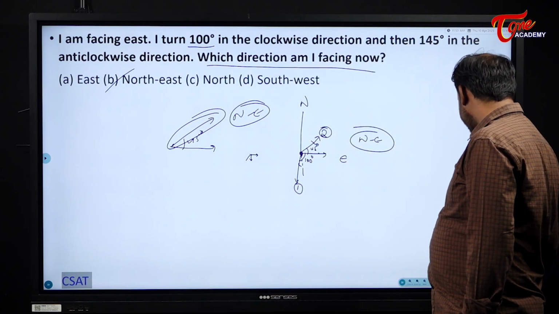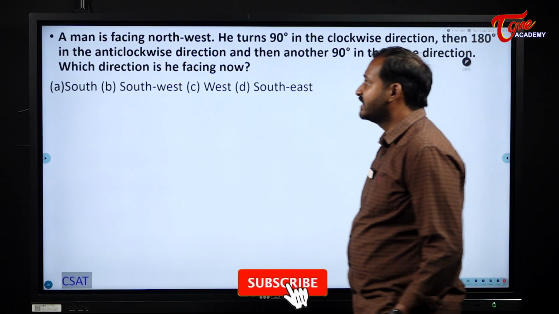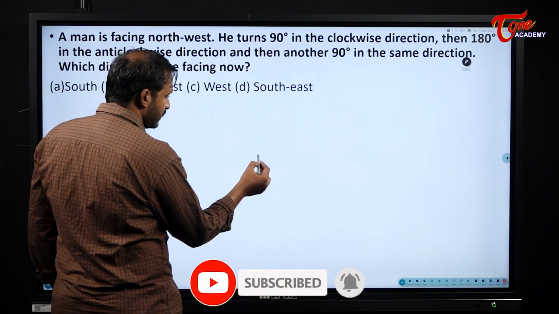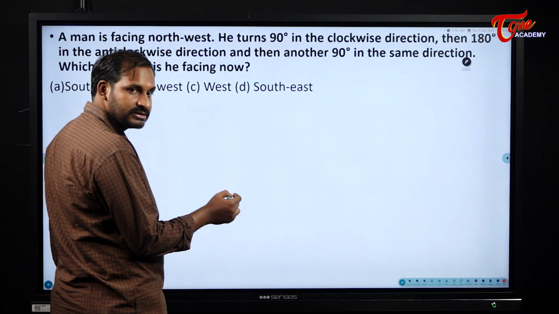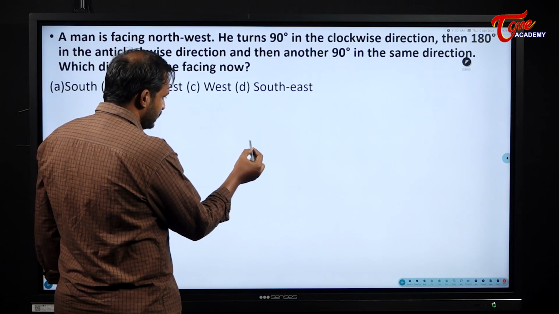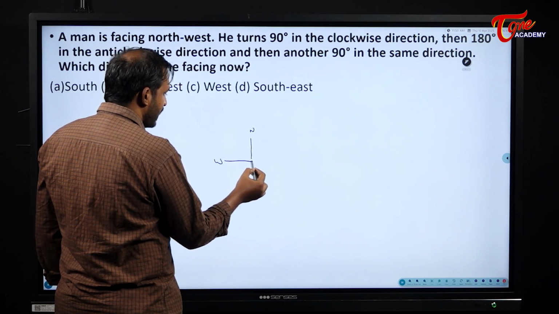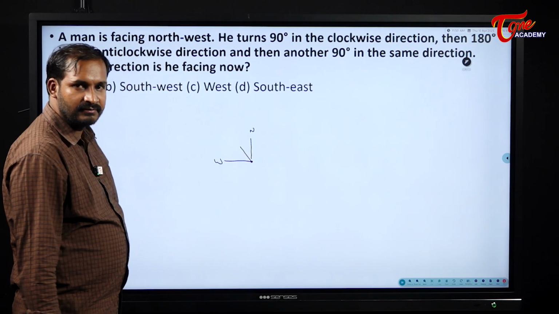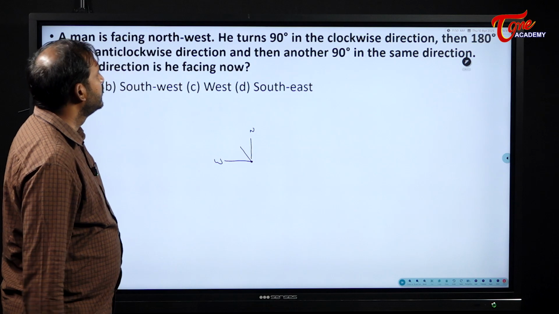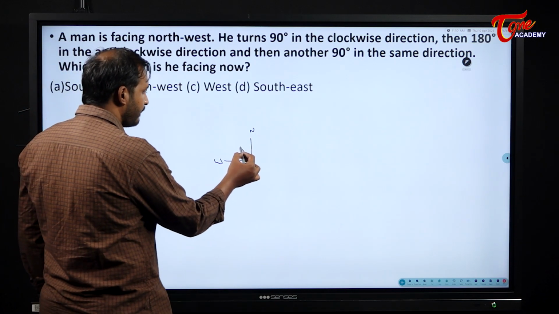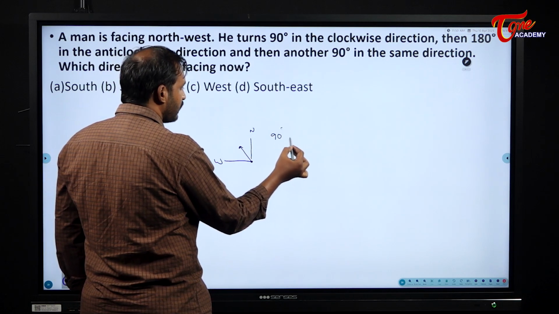Right. Next one. A man is facing northwest. See here, we know where northwest is. If I assume this as north and this as west, the man is facing northwest, somewhere in the middle. He turns 90 degrees in clockwise direction. From here 90 degrees clockwise.